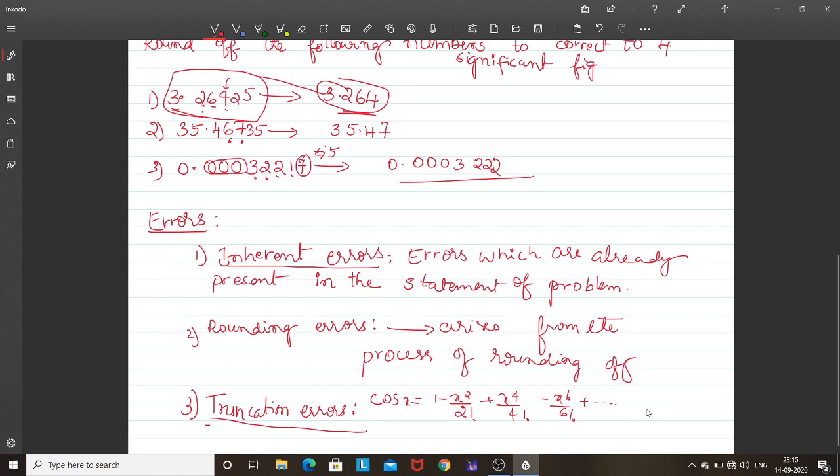You don't find the terms after the nth term. So when you take the difference between cos x and Sn of x, the finite number of terms of the cos x series, you will find the error, right? Okay.